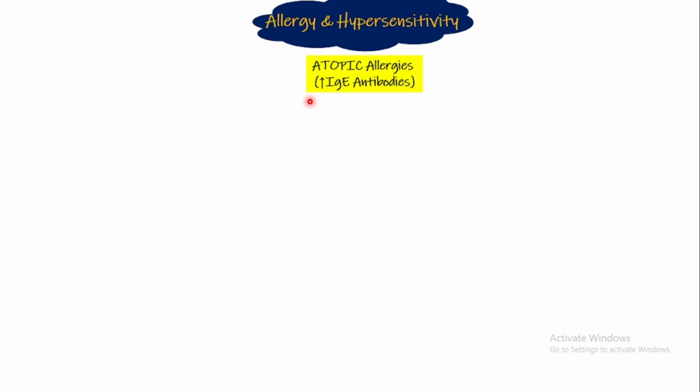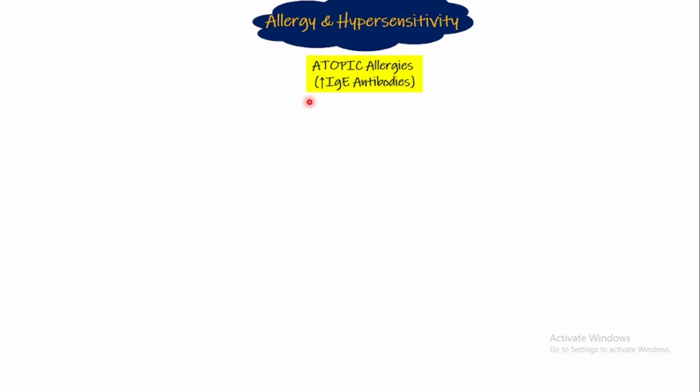Atopic allergies have genetic predisposition, whereas non-atopic allergies have no genetic predisposition. And in atopic allergies, basically IgE antibodies are activated, whereas in non-atopic allergies, the response can be given by IgE and also by cytotoxic T cells.